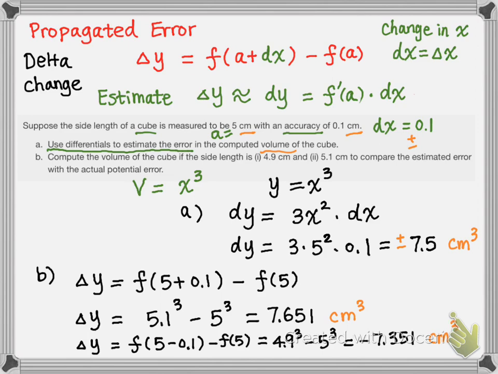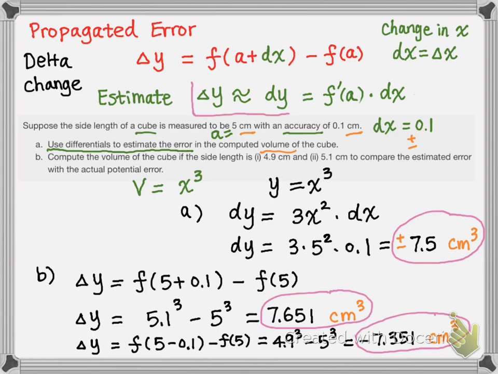In either case, the estimated error plus or minus 7.5 is very close to the actual error, 7.6 and minus 7.4. So we can see how the differential is very close to the propagated error, and how we can use the differential dy to approximate delta of y.